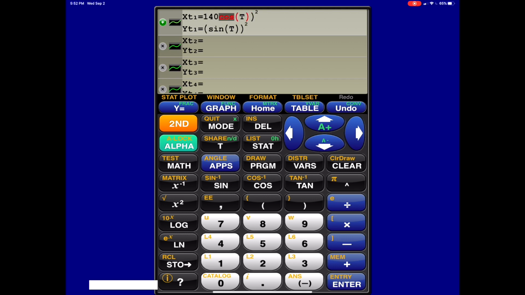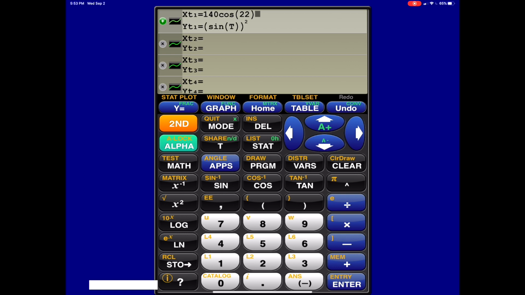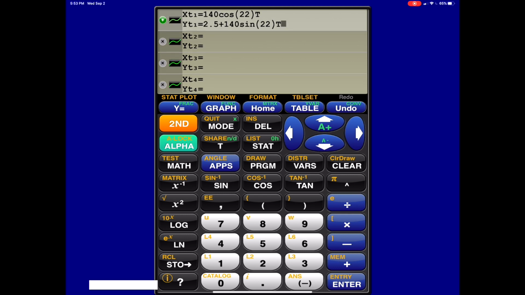We had 140 cosine 22 t, and then y at t was 2.5 plus 140 times sine 22 times t, and then minus 16t squared.